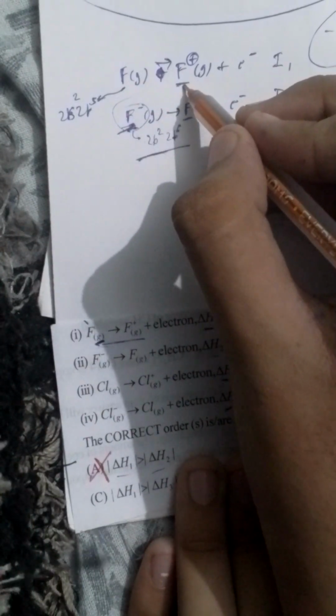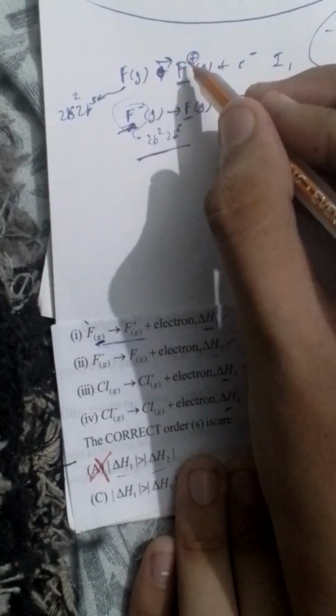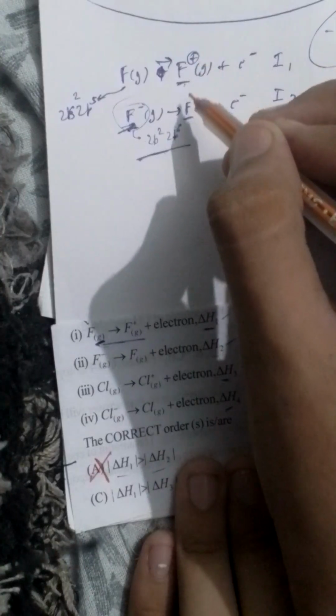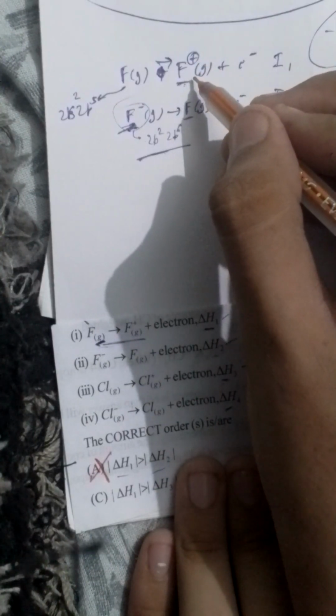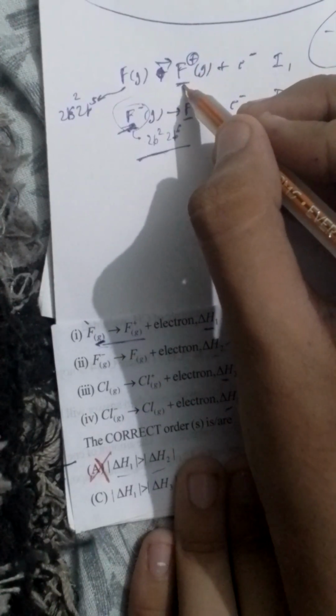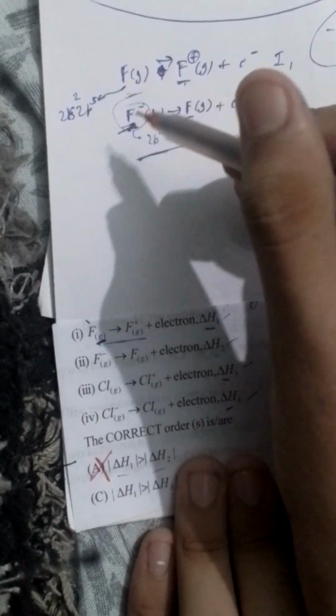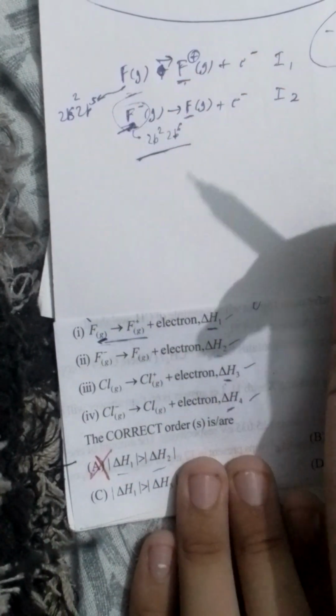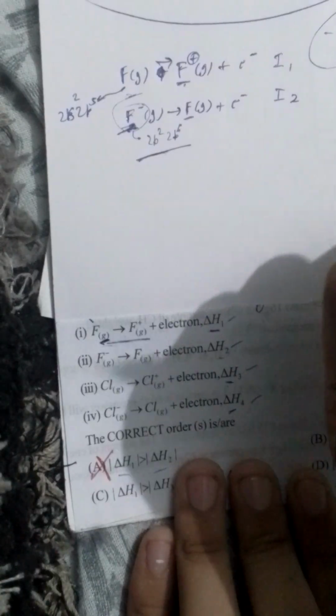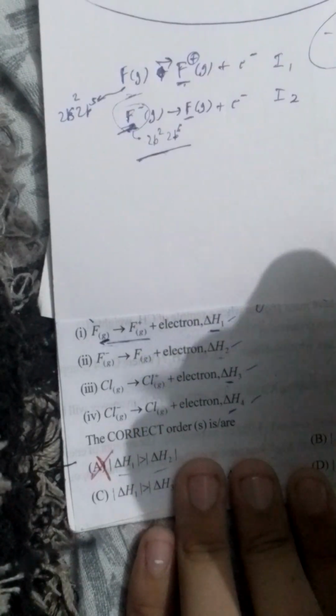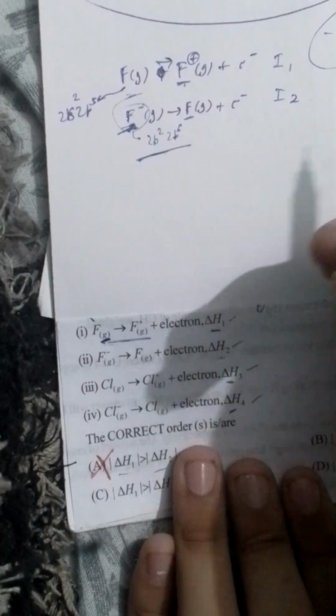F goes to F plus, a highly electronegative atom having a positive charge, but this is not preferred, because fluorine is a halogen. Halogens are very reactive. Why? Because they are non-metals at the end of the periodic table.